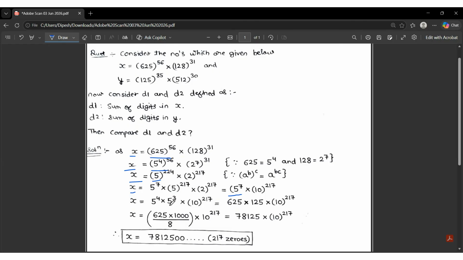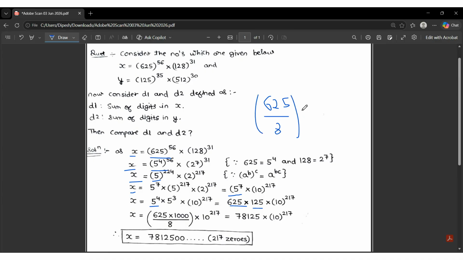Now 5 raised to power 4 is again 625 and 5 raised to power 3 is equal to 125. Now multiply 625 by 125 by the following method: 625 divided by 8 multiplied by 1000, because 125 is equal to 1000 divided by 8.